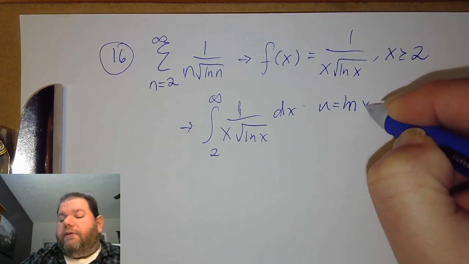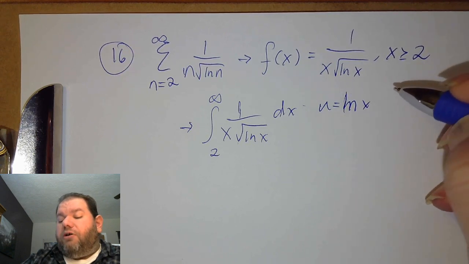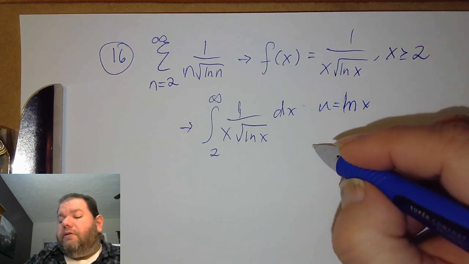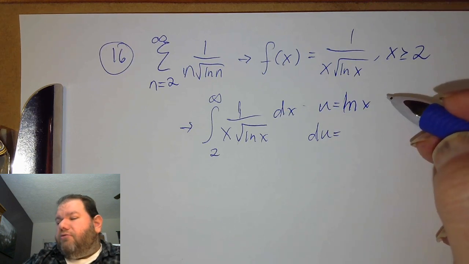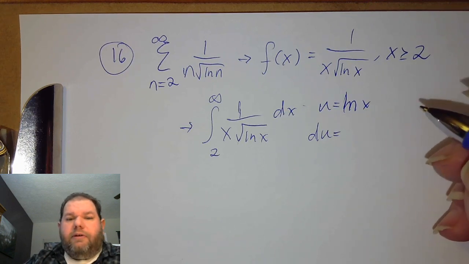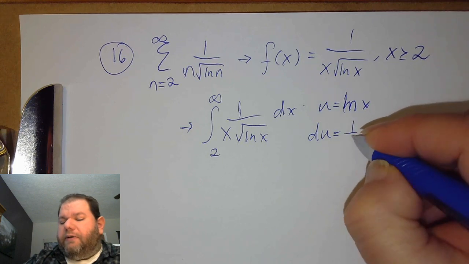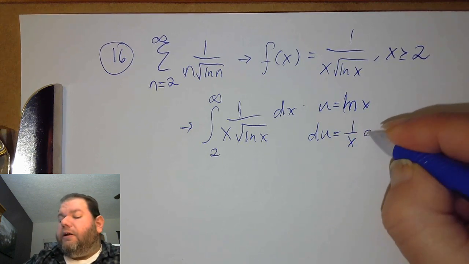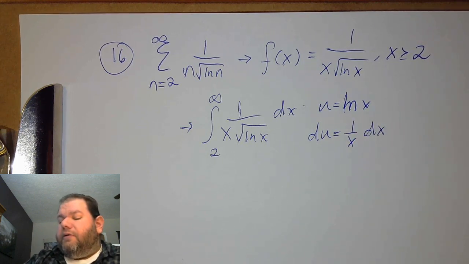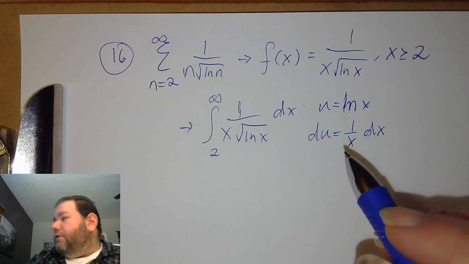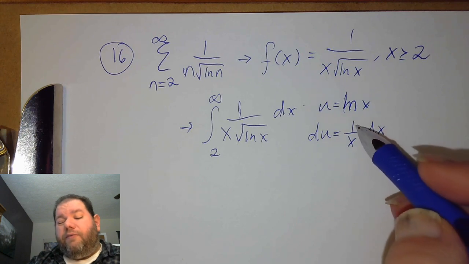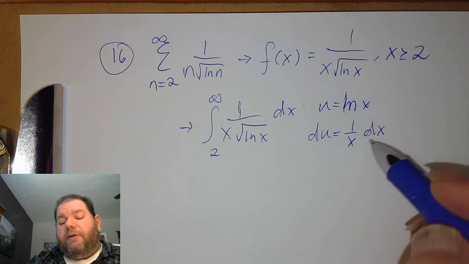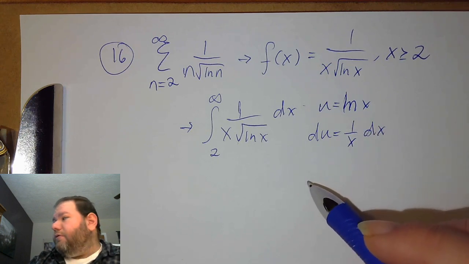So what is the derivative of natural log of x? Well, if we take the derivative of natural log of x, we know that's 1 over x dx. And we look at the integral and we see, okay, do we have 1 over x times dx anywhere in this integral?